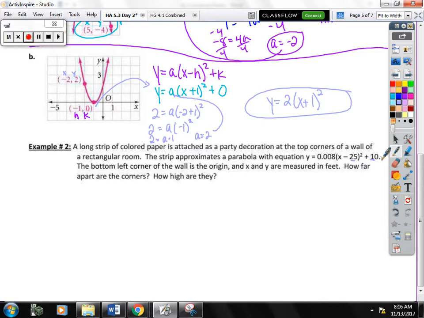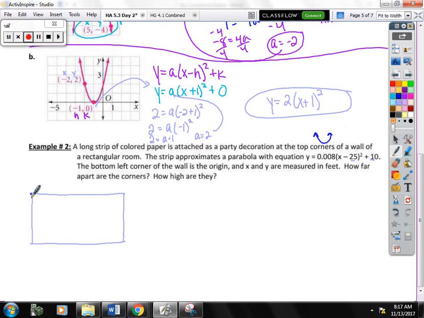So let's go ahead and draw a picture. And if you want, you could draw a rectangle since it says a rectangular room, if that helps you. Mine's really just not straight at all. So you can see that this is a positive value, which is telling me that my parabola is going to be facing this way. Okay, it's just facing upward.